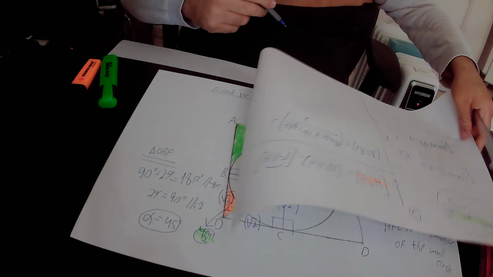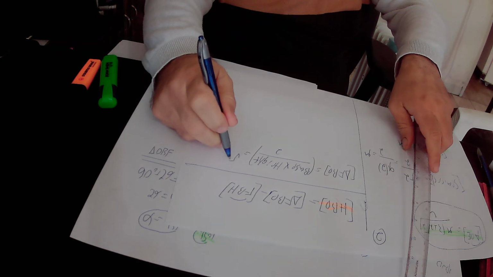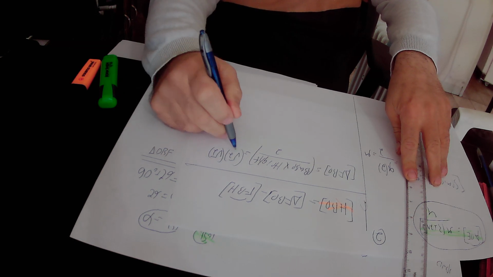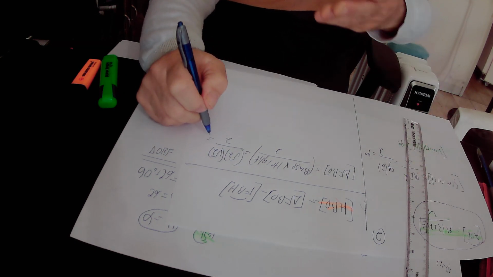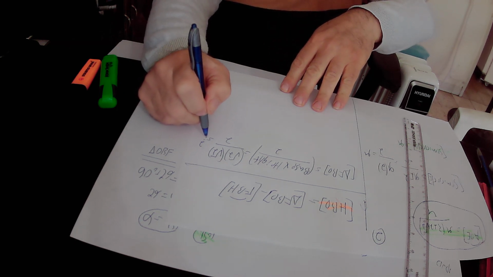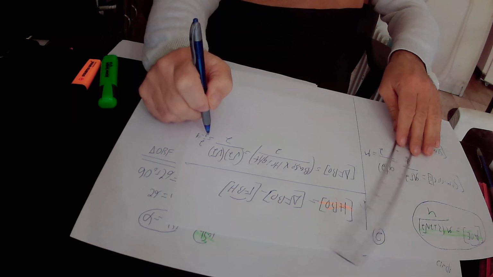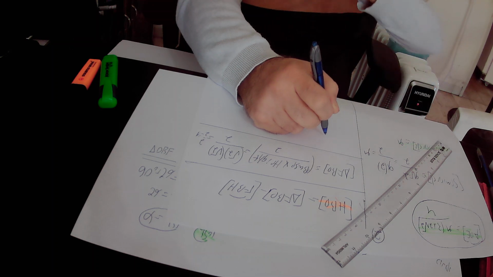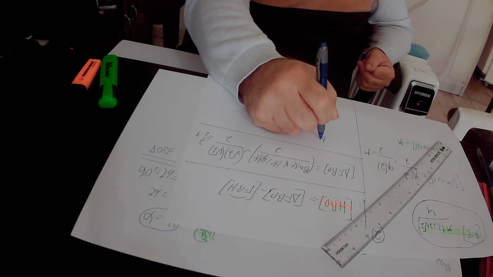So the base is square root of 2, and the height is also square root of 2, divided by 2. Square root of 2 times square root of 2 is 2, and 2 over 2 is 1. In conclusion, the area of the right triangle FBO is equal to 1 square unit.